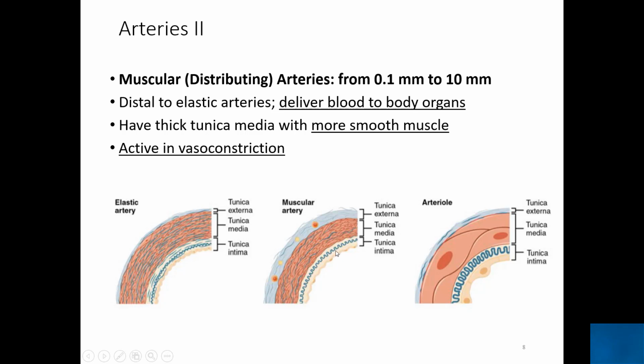They have thick tunica media, a lot of smooth muscles, and they are active in vasoconstriction. Why? Because sometimes organs, when they are not functioning right now, for example, when the stomach is not digesting food, do not require a lot of blood, so smooth muscles constrict and reduce the amount of blood going to a certain organ at that time.